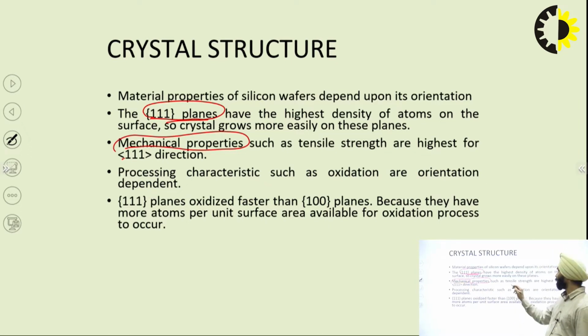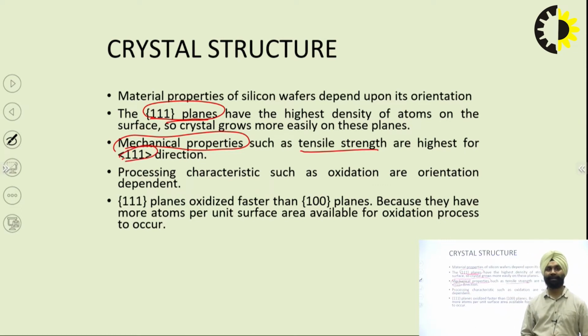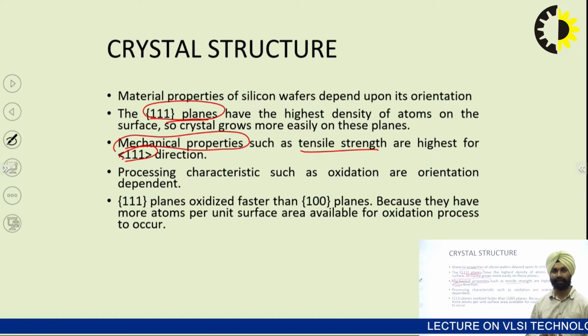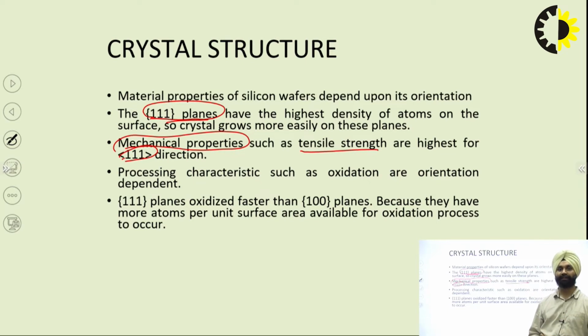For example, the tensile strength is higher for the 111 Miller indices, because this has more atoms in the lattice. So we can grow this lattice structure when we need a tougher material.